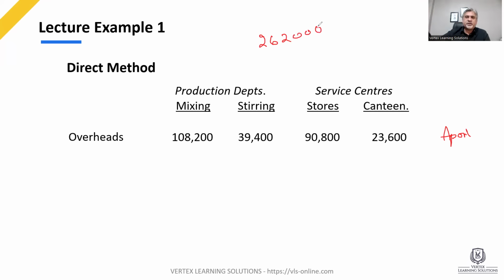I just assumed a number, and somehow, using some method, using some proportion, percentages, ratios, we have already divided this 262,000. This was my total production overhead for the entire factory.